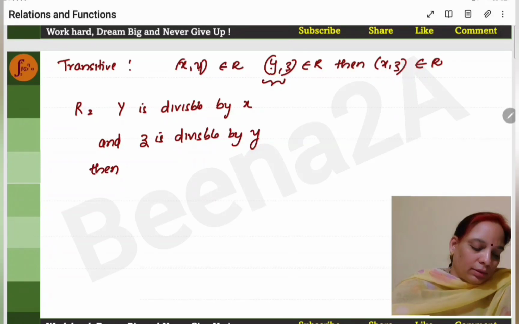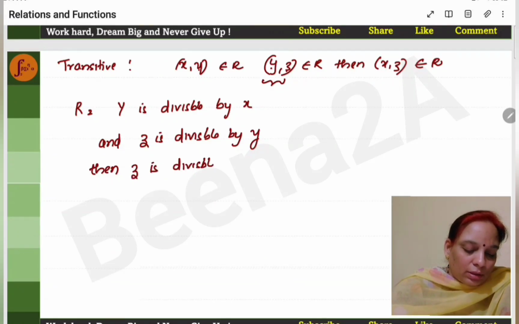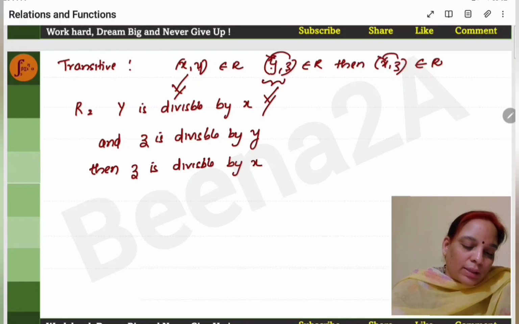X comma Z. Then Z is divisible by X. So here, in this case, first one, Y is divisible by X. Second one, Z is divisible by Y. Therefore, Z is divisible by X. Now, let's take an example.